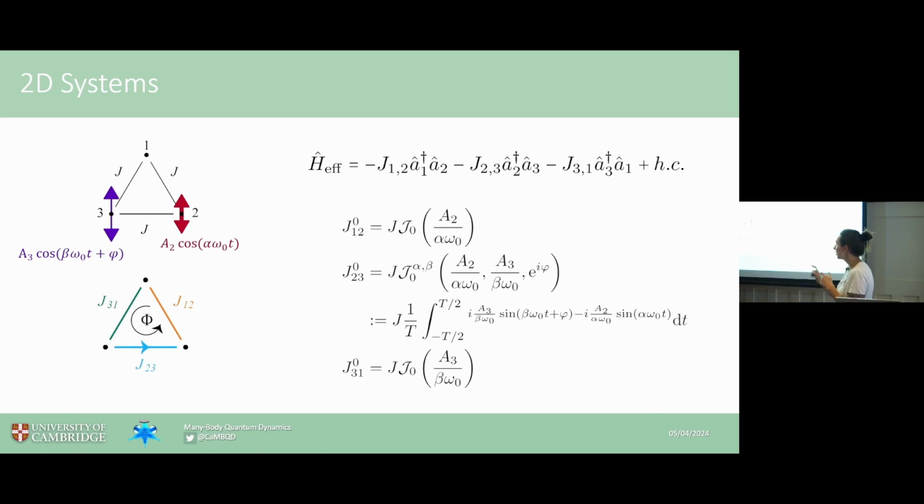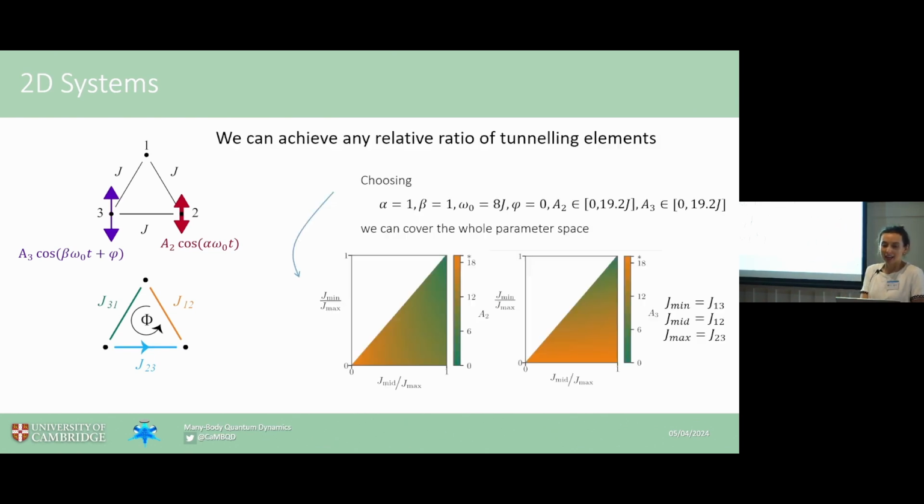However, across site 2 and site 3, we have this summation of these two drives, and one might be out of phase with the other. If the sum of these two functions breaks some time reversal symmetry, then we have the opportunity to engineer a complex tunneling element across site 2 and site 3, which is characterized by this two-component Bessel function.